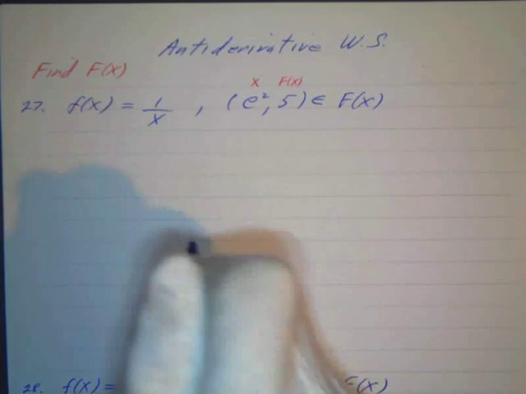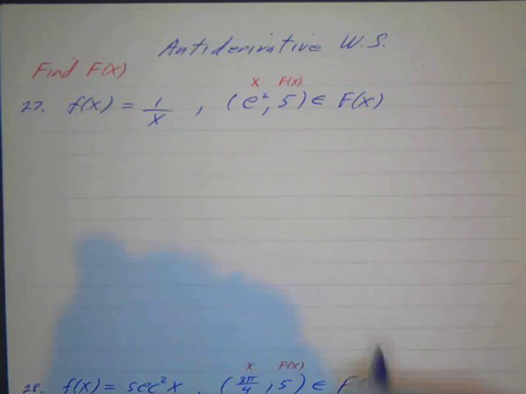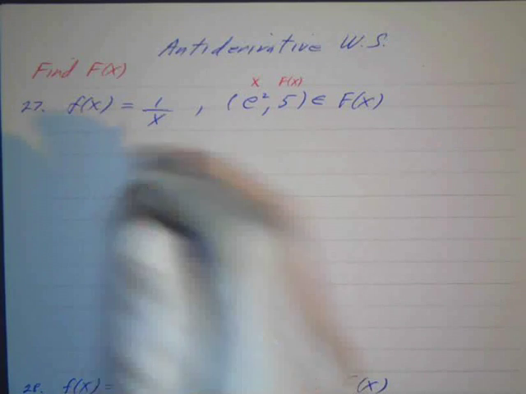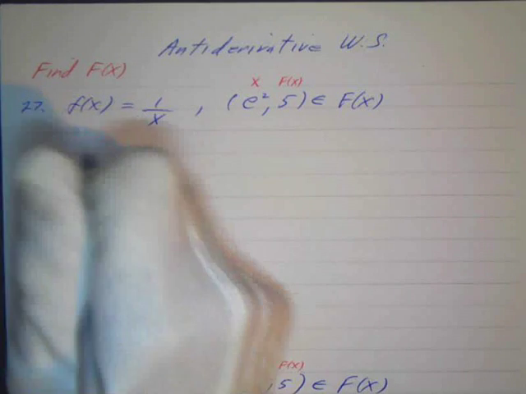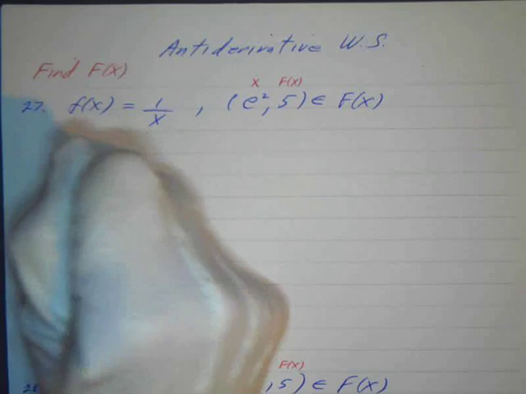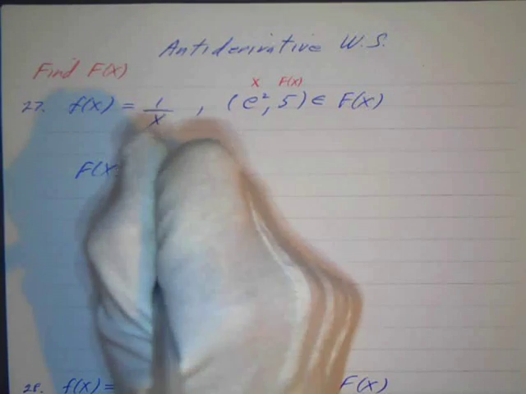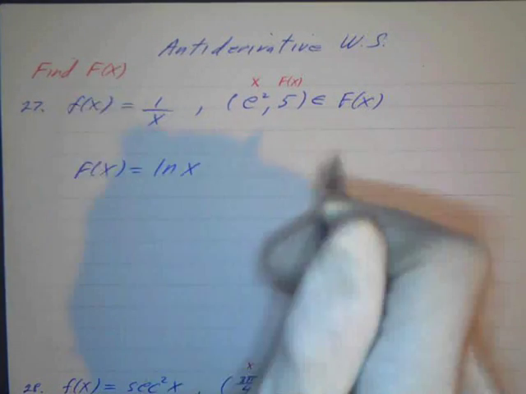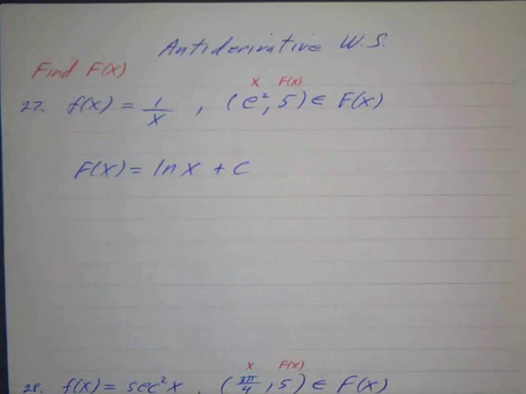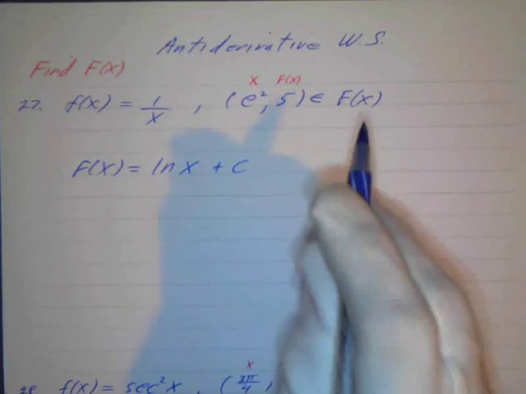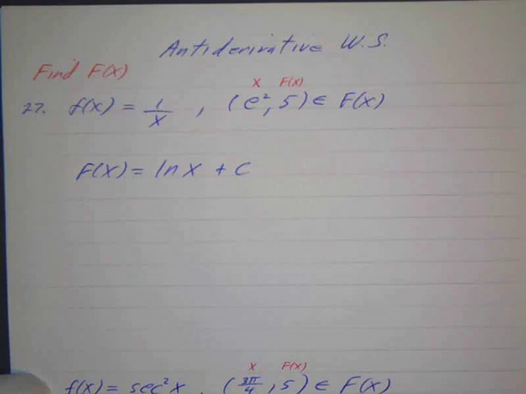So we can just write the fact that f of x equals the natural log of x, and then plus c, our constant. We don't know what that is, but we do have a particular value, so we can put this in and check it.